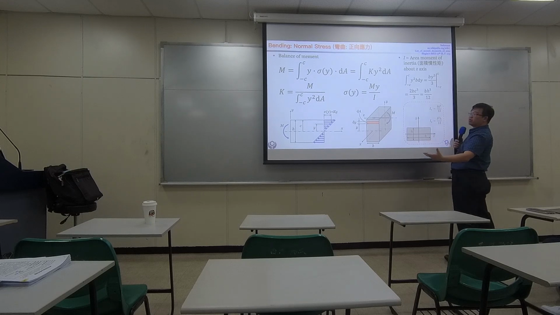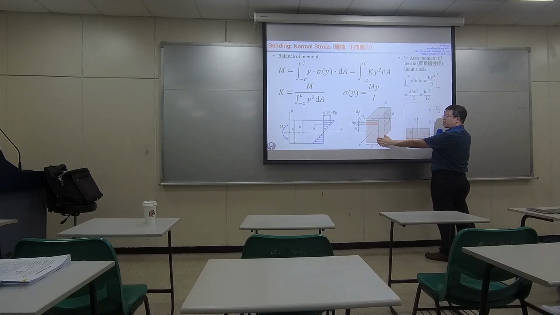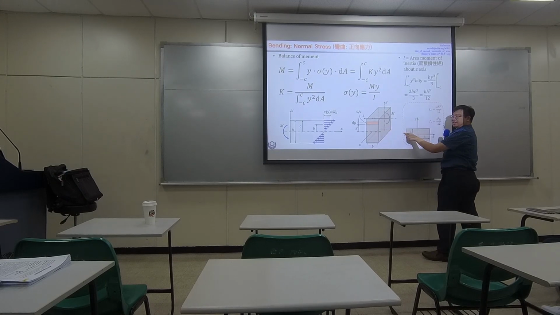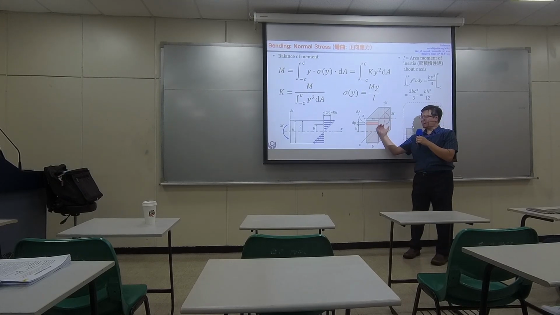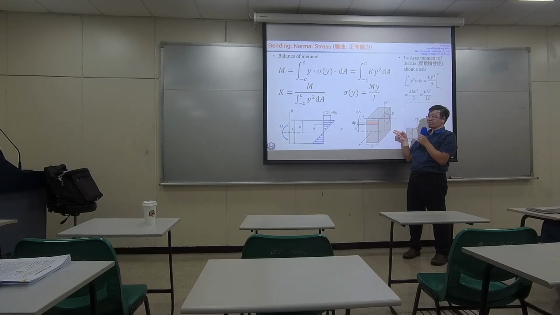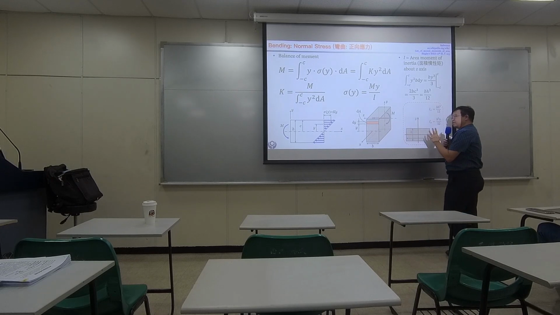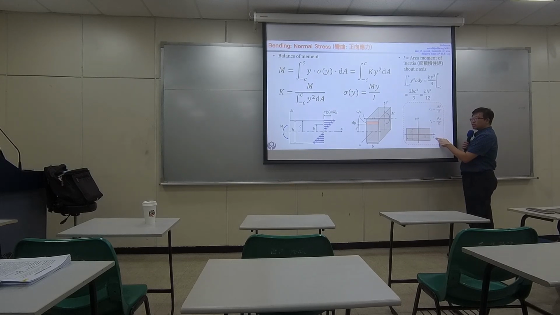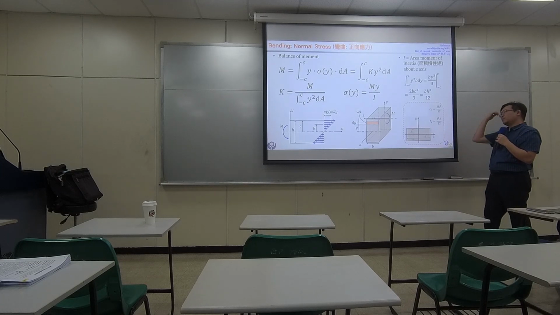To be accurate, in this particular case, you can only say this I is Iz, because we are bending about the horizontal axis. But when you are trying to match the coordinate in the textbook, it's actually this one, so you use the equation of Ix. This x represents which direction you are bending about.